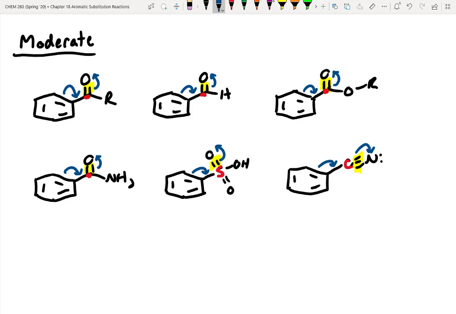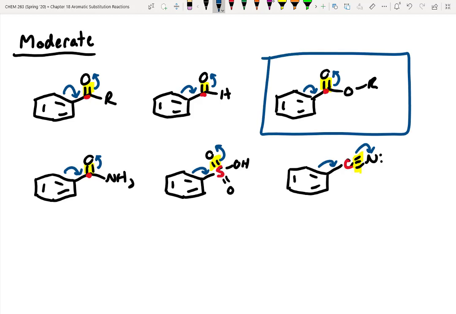If you remember with moderate activators, we had competing resonance where we could push electrons into the ring system. And some students will say, well, let's focus in on this one. That looks a lot like the moderate activators we saw before. Why can't these green lone pairs participate in resonance where they push their electron density into the ring?